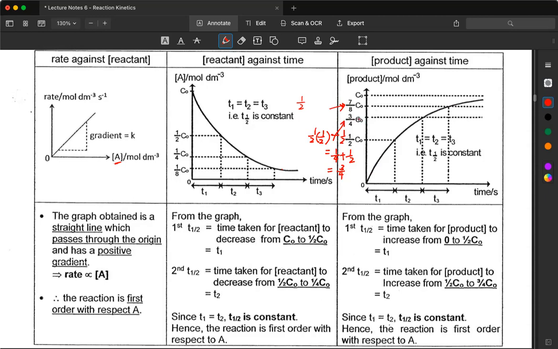So for T3, I need to equate also. You gain another half.